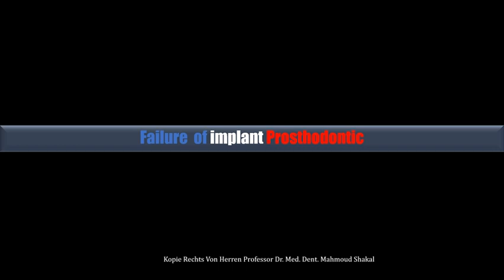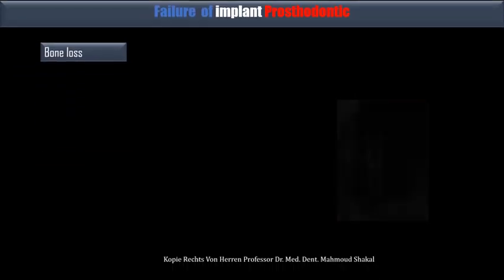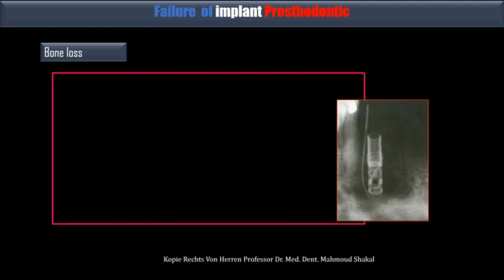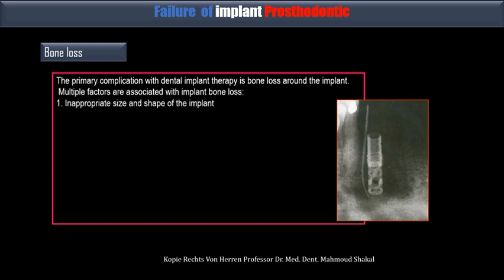Now let's go for the failure of an implant prosthetic. The primary complication with dental implant therapy is bone loss around the implant.